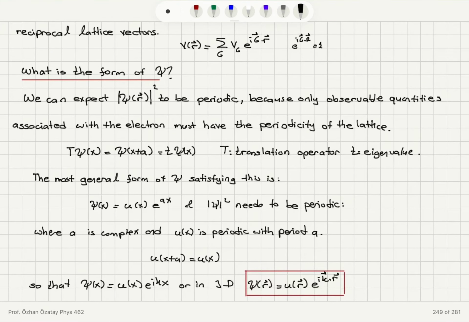Now, when we have a periodic potential, this can be expanded into a Fourier series, sum over G of V_G e to the iG dot r, just like any physical property of the crystal that is periodic.